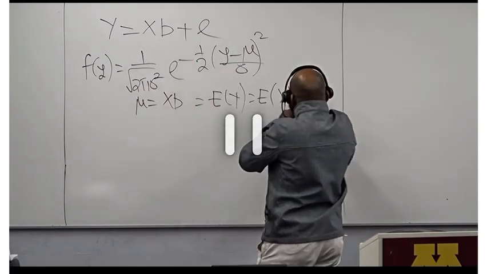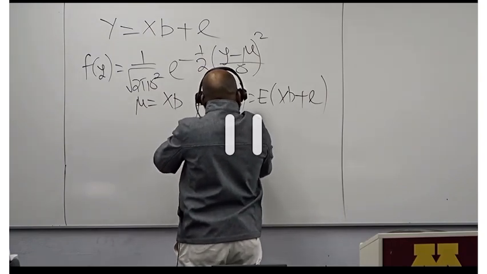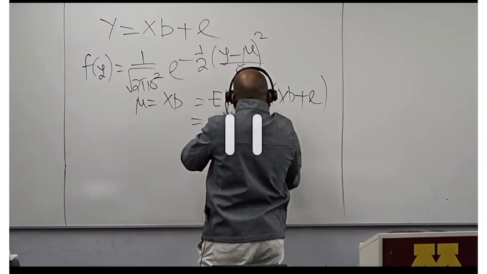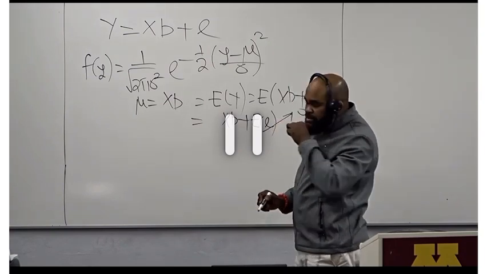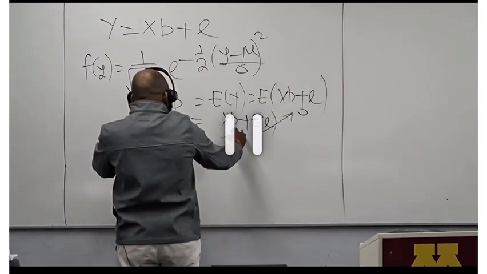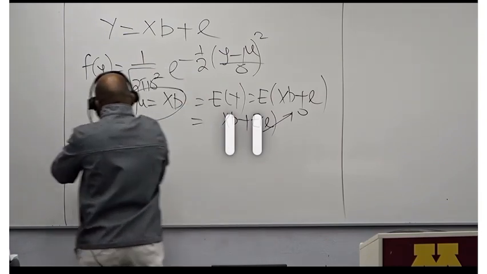So if I have that, the other time I said this is going to be Xb plus the expected value of the error. And according to the assumption, the expected value of the error equals 0. So because of that, mu equals Xb.